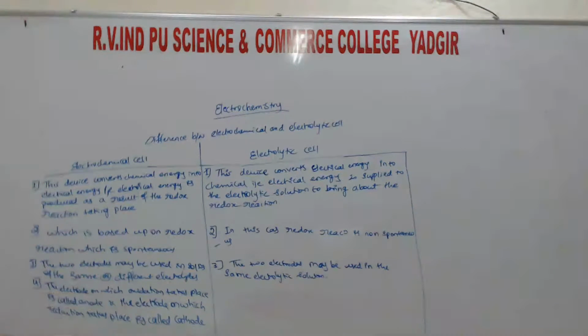The electrode on which oxidation takes place is called the anode, and the electrode on which reduction takes place is called the cathode.